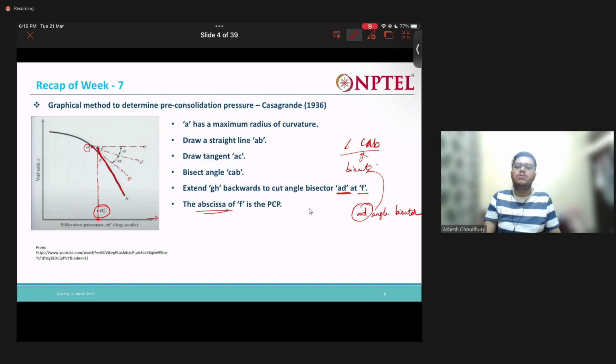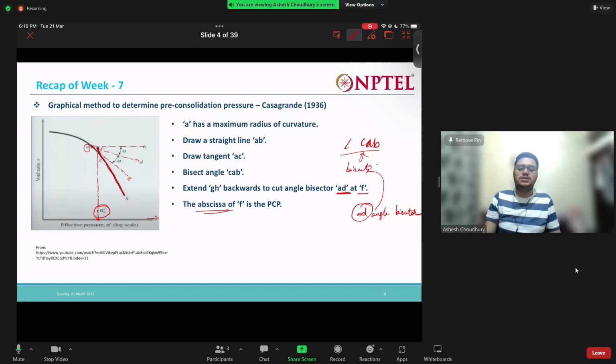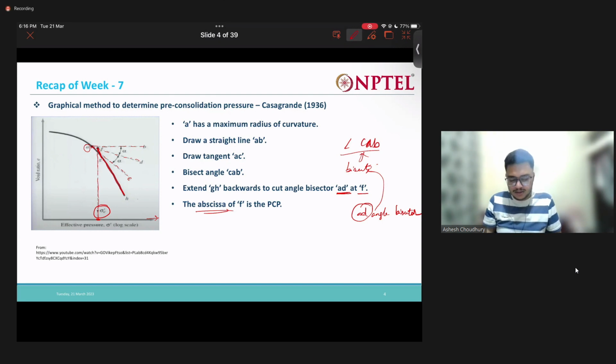This is how you determine the pre-consolidation pressure graphically. I hope this is clear.